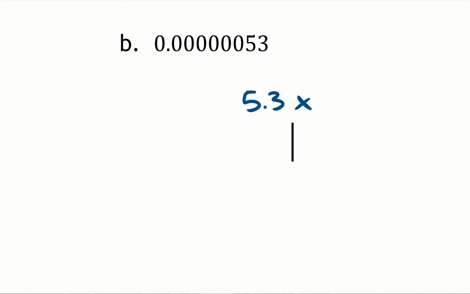I need to make it much, much smaller. I placed it here, and in order to get it back to where it starts, I need to divide by 10. In fact, I need to divide by 10 1, 2, 3, 4, 5, 6, 7 times.